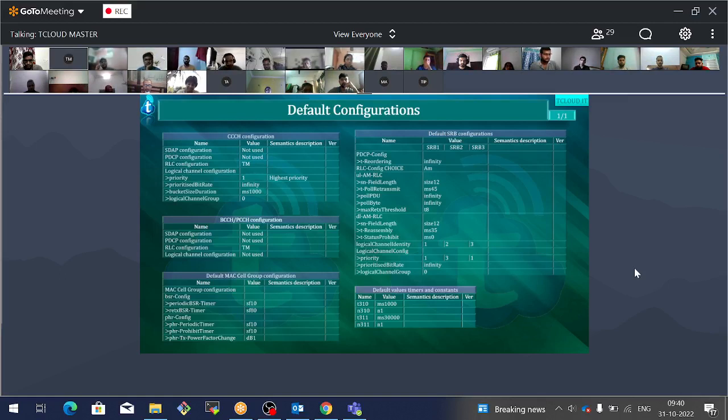Okay. Now take a look at the default configurations. For example, the mobile needs to use CCCH when it is in idle mode, when it does not have any configuration existing. So it is the CCCH configuration, which stands for Common Control Channel.